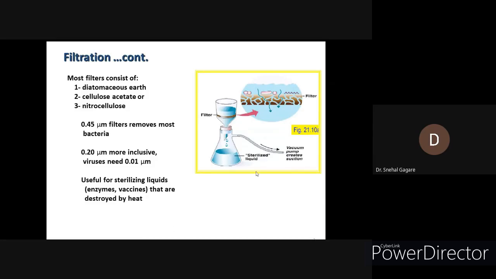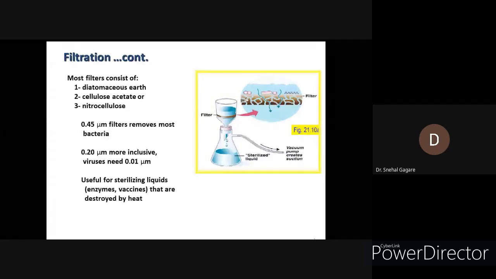So as you see in the diagram, we have here a filter cap. We are going to discuss what this instrument is. This is called a membrane filtration assembly, where we have a membrane filter kept over here.